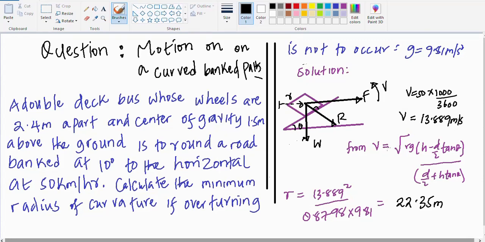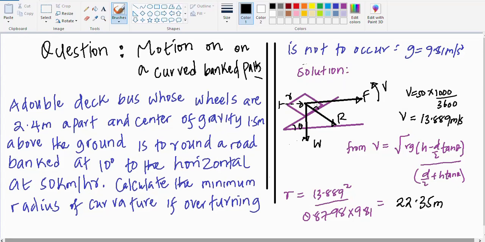Therefore, the velocity v is equal to the square root of r g times (h minus d over 2 tan theta) divided by (d over 2 plus h tan theta). This is the expression for calculating the maximum velocity of a vehicle negotiating a corner on a banked road if overturning is not to occur, that is, the maximum velocity beyond which overturning of the vehicle will occur.